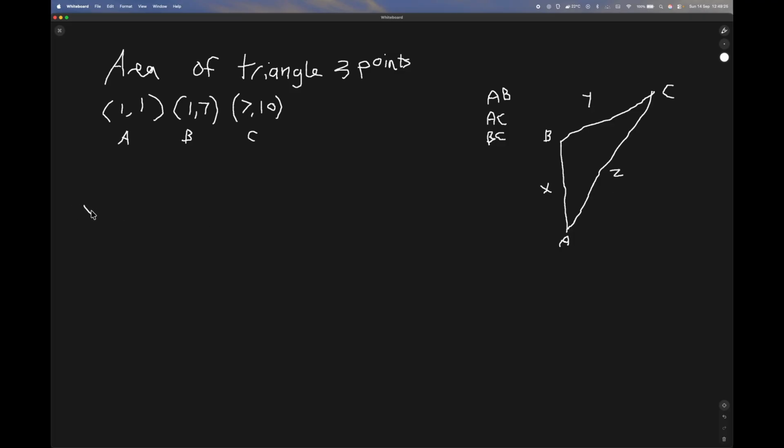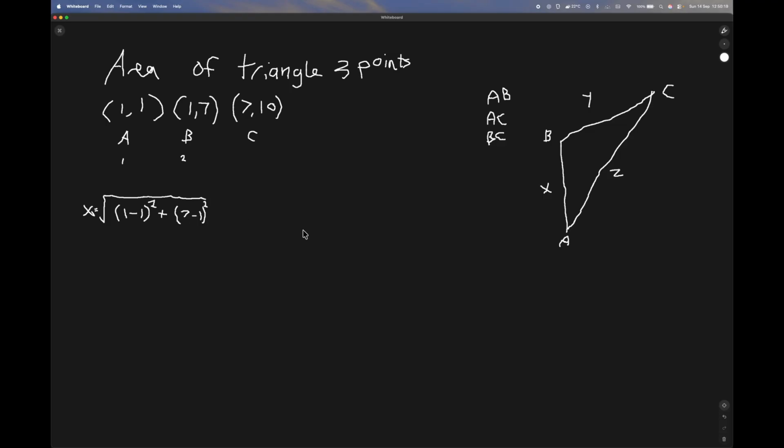Okay, so x is going to equal the square root of x2 minus x1, so 1 minus 1, squared, plus y2 minus y1, so 7 minus 1, squared.